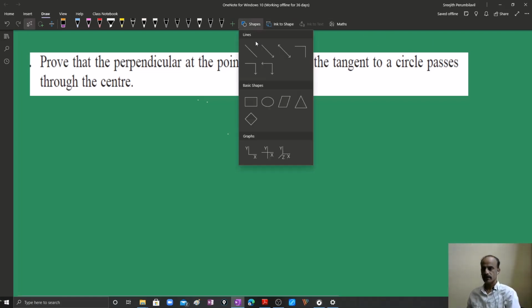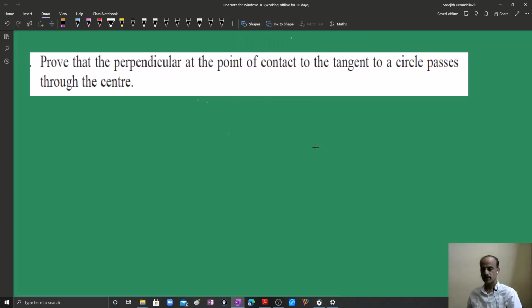So this is actually the converse of Theorem 10.1. There's a circle. Let us consider a tangent to the circle.